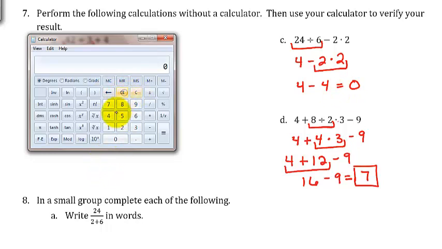And then our last example for this group, we have 4 plus 8 divided by 2 times 3, and then minus 9. And we get 7, which is what we got when we did it by hand as well.